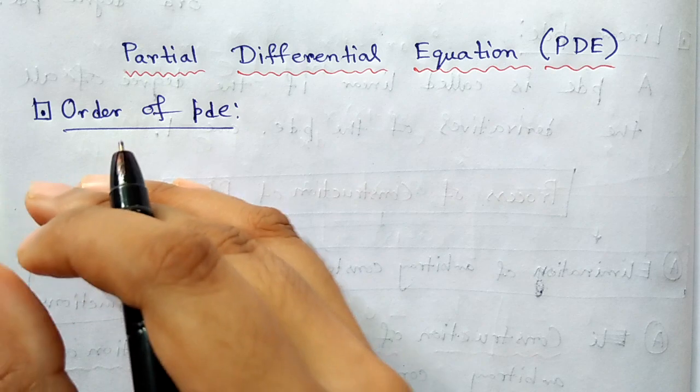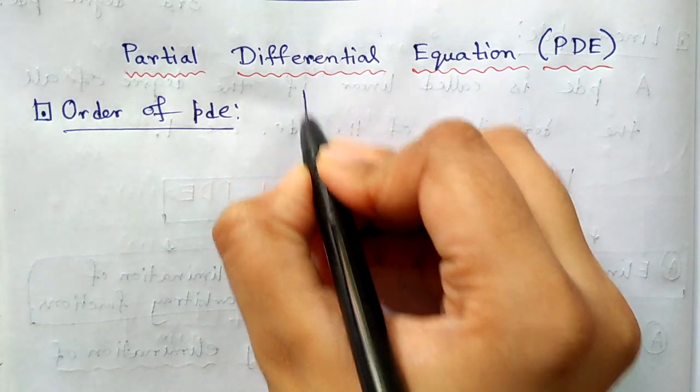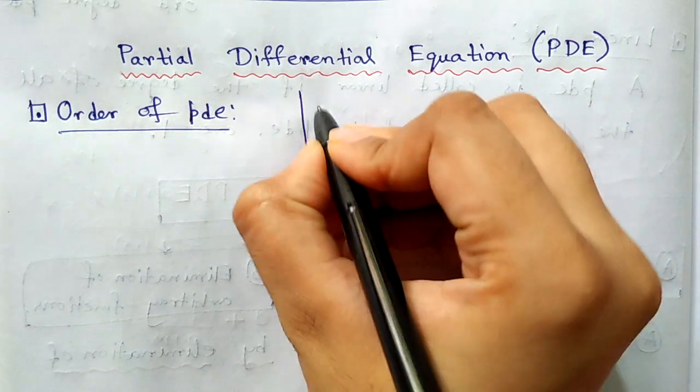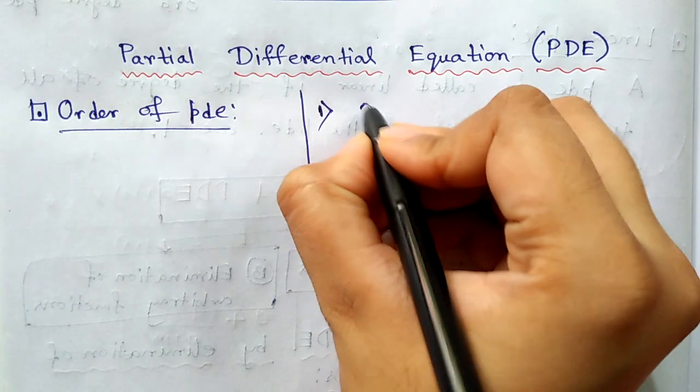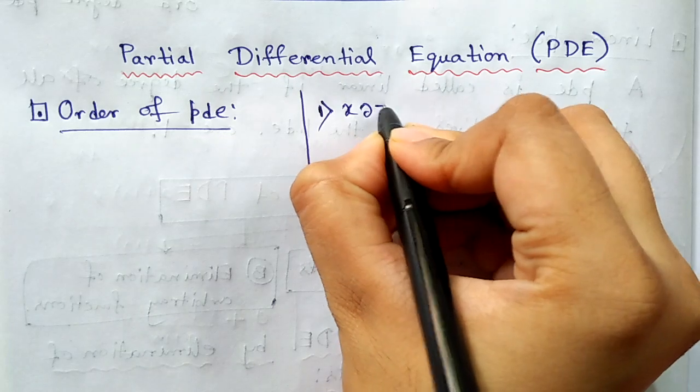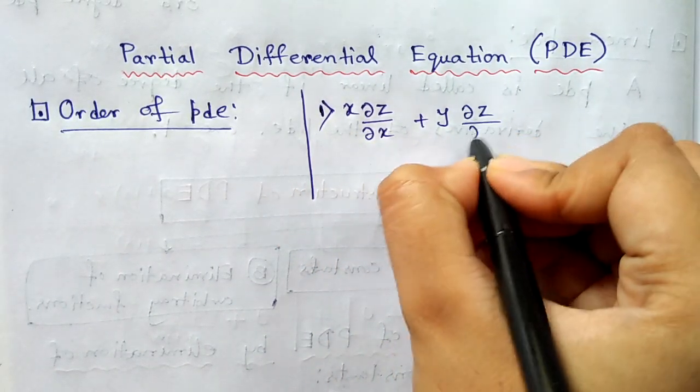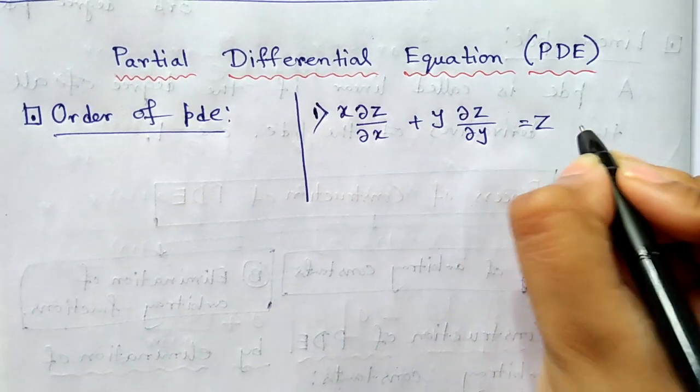Before starting the order of PDE, just see the form of PDE. The form of PDE is like, for example, x del z del x plus y del z del y, that is equal to z.